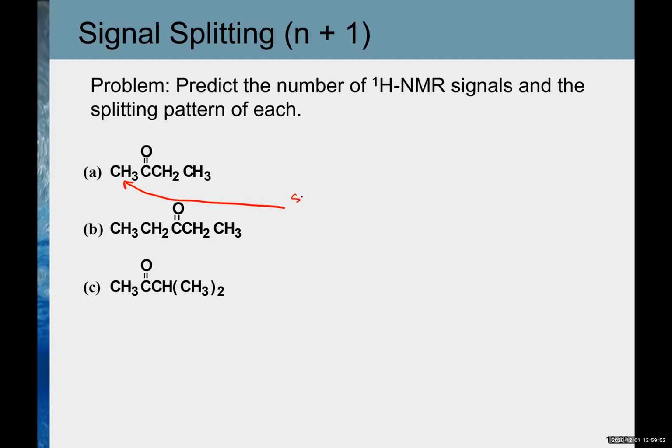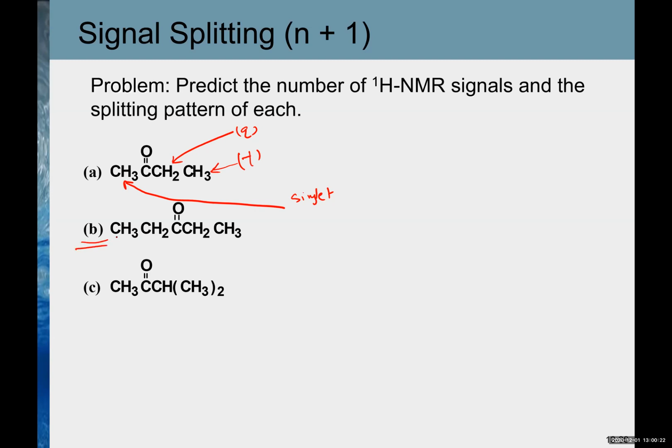Okay, this one. These 2 hydrogens will give us what kind of signal? A quartet. Quartet is correct. I'm just going to use Q. And how about this one? A triplet. Triplet is correct.